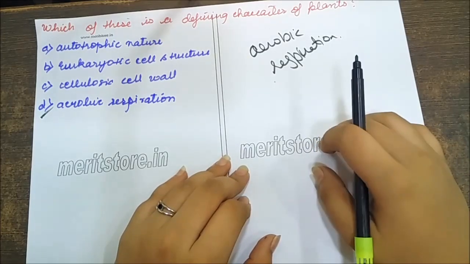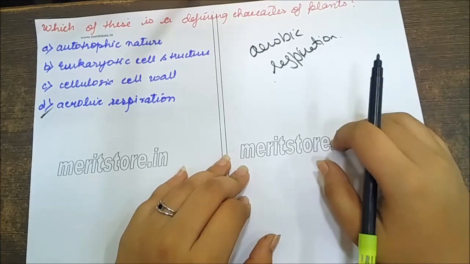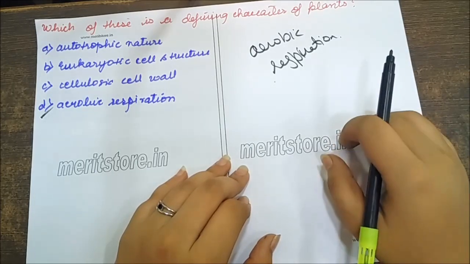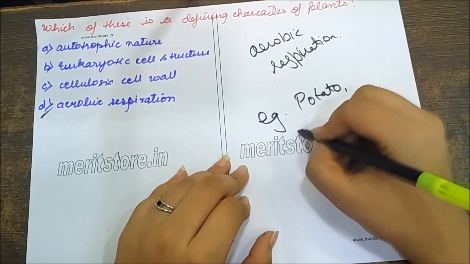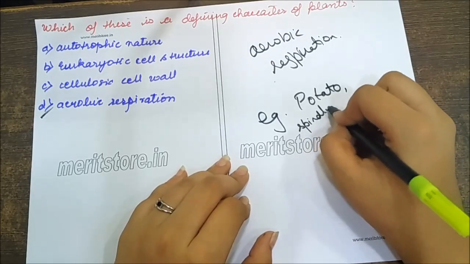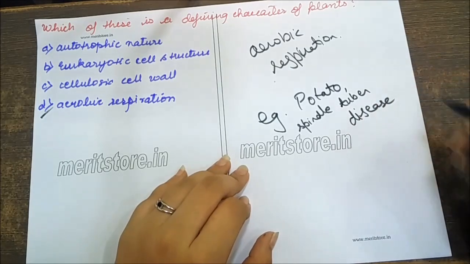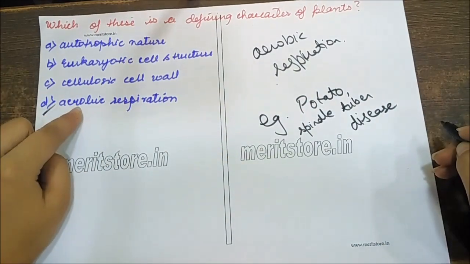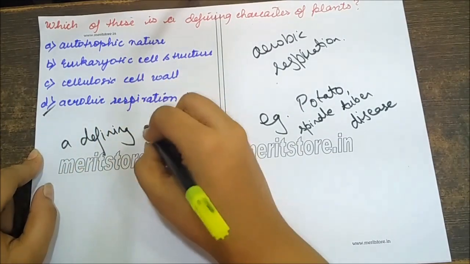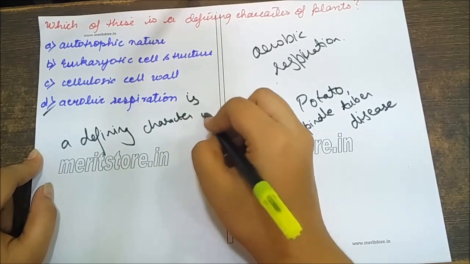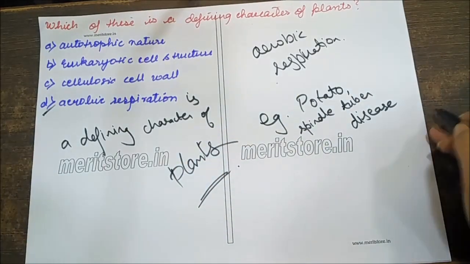Viroids are the smallest self-replicating infectious RNA parasites, known to cause diseases in plants only. For example, potato spindle tuber disease.